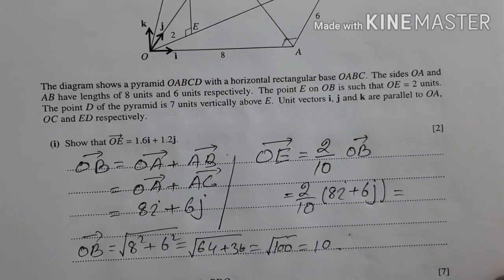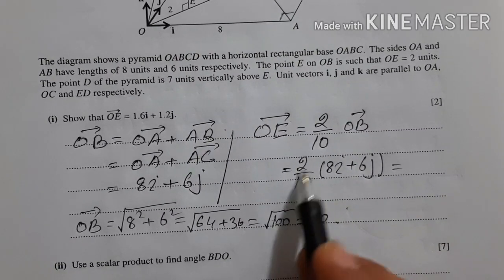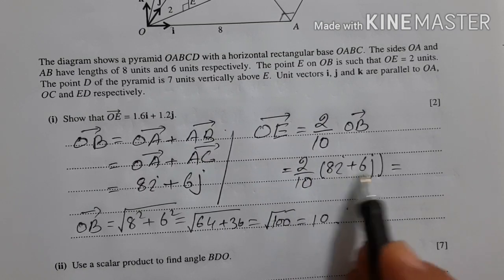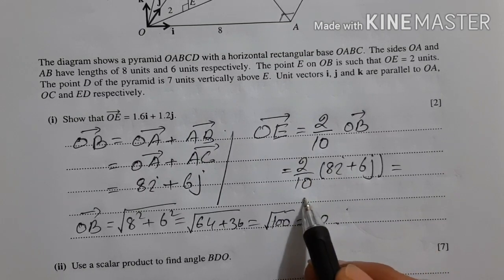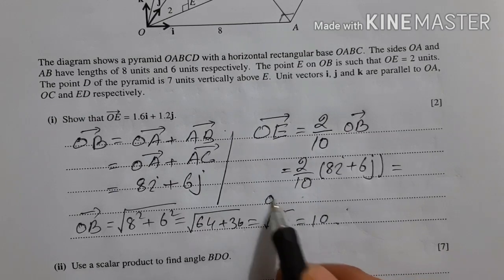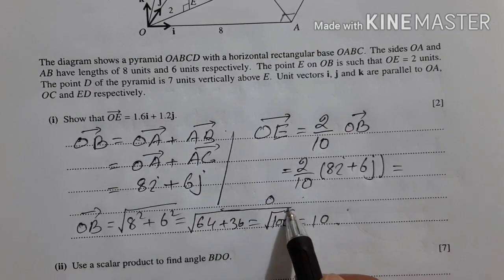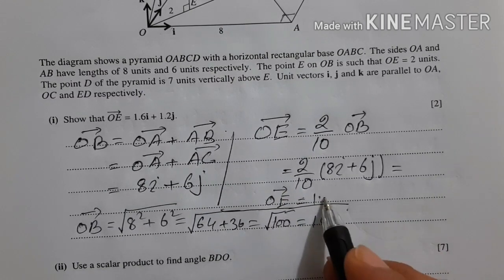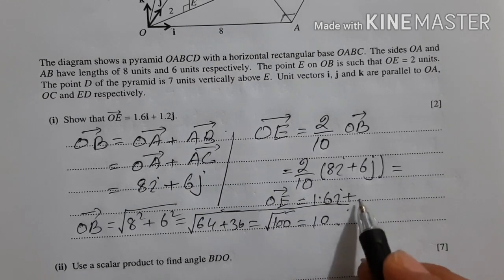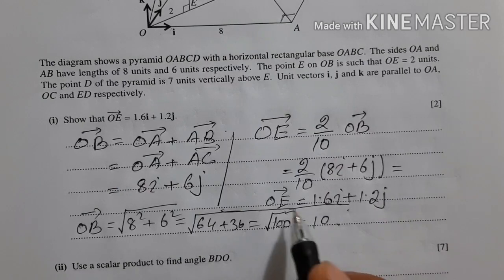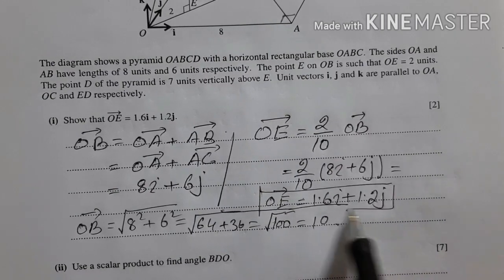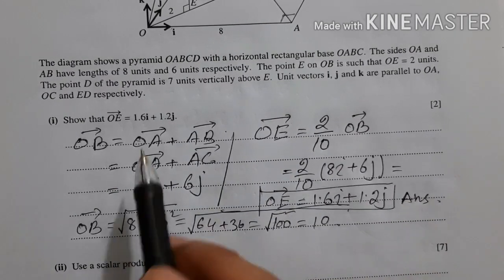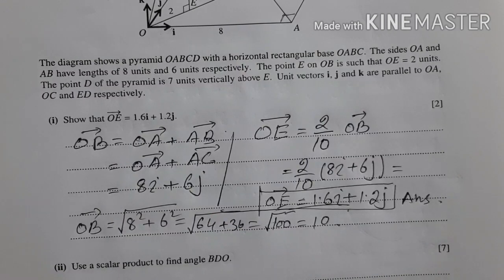So if we multiply this 2 by 10 inside, this will give us OE is equal to 1.6I plus 1.2J. This is our answer. This is shown actually.